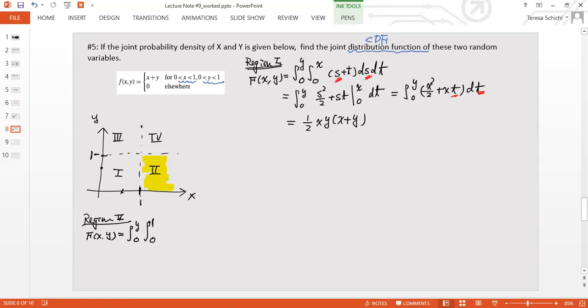Then you have S plus T, then ds dt. These ones here, I already did it. So the integration is 1/2 Y plus 1.